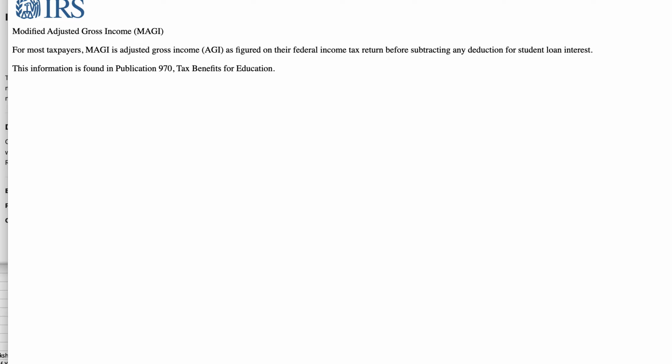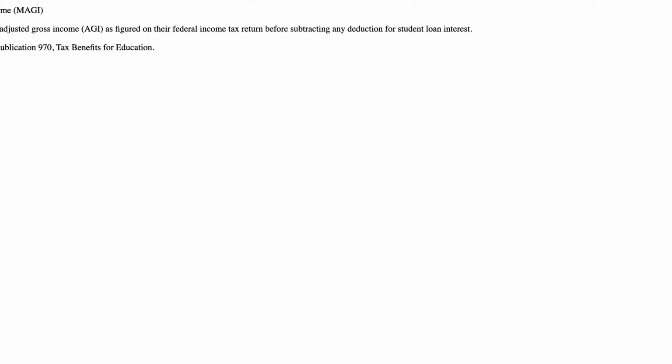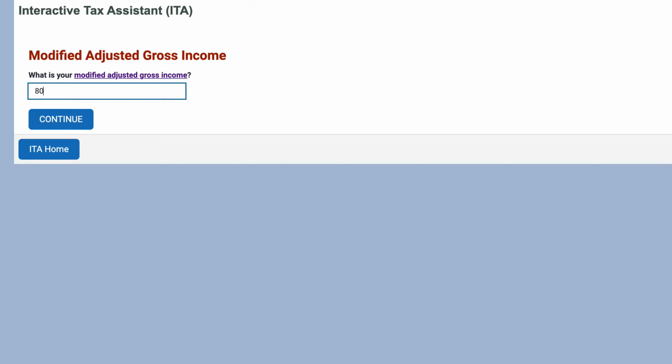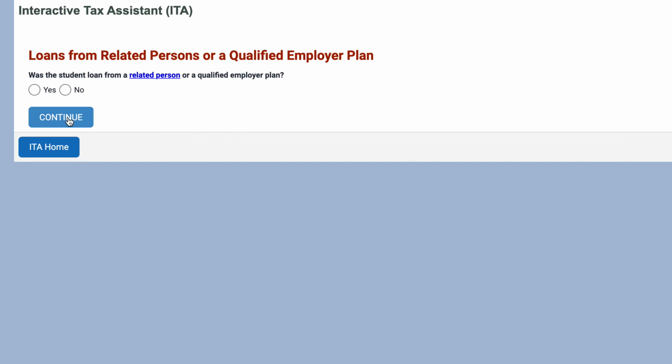So basically, it's your AGI, except you would not be taking the student loan interest. You would leave that in there. So let's just say that your AGI is $80,000 a year.